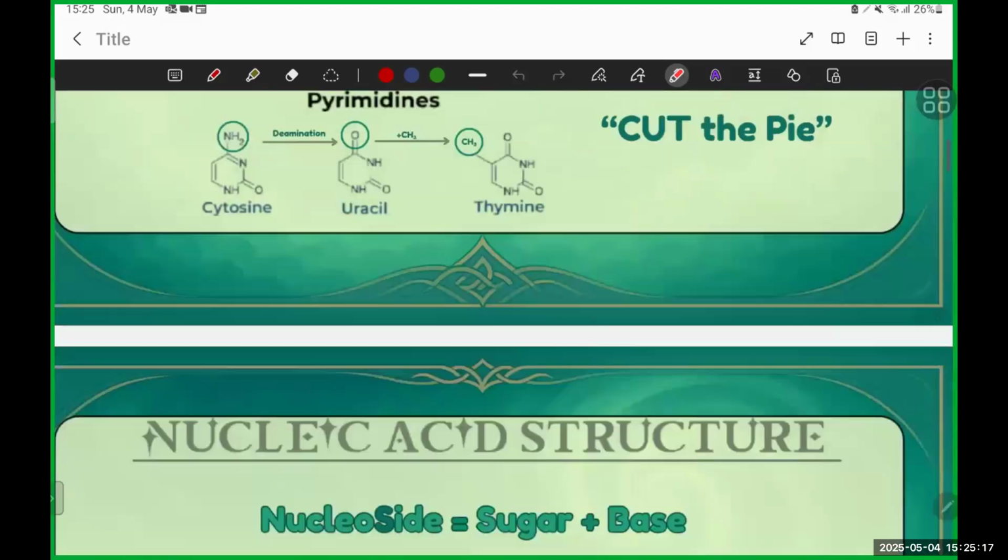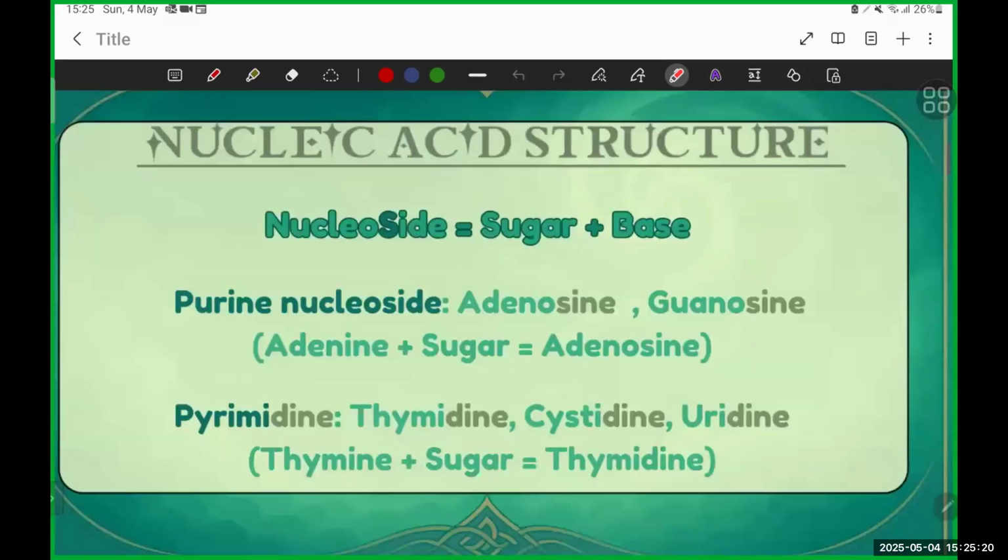Okay, next. So we said a nucleoside is a sugar and a base, right? How do you name them? Purine nucleoside: adenine is our base. When you add a sugar to it, it turns into adenosine. So if I say adenosine, it's a purine nucleoside.